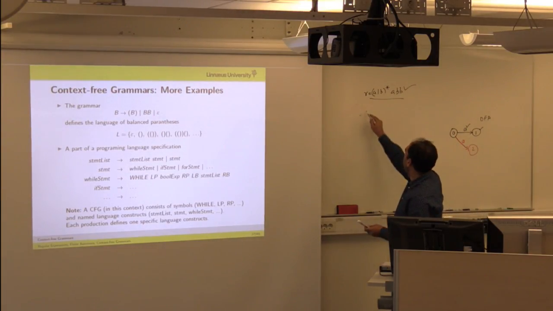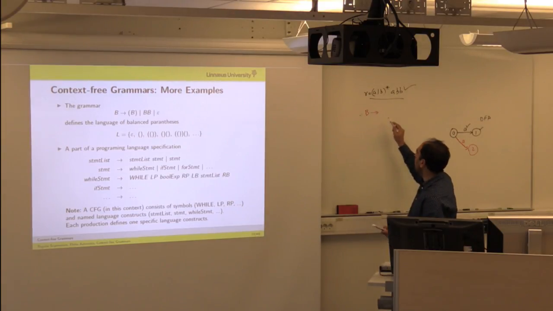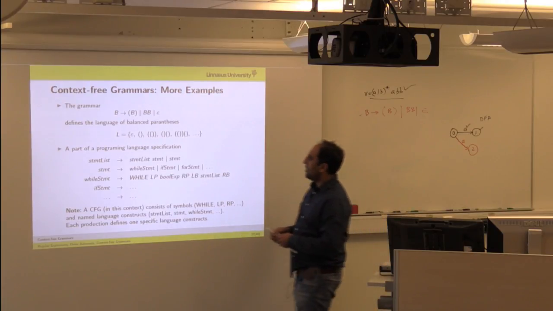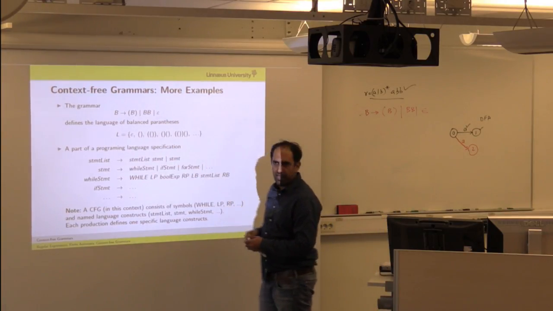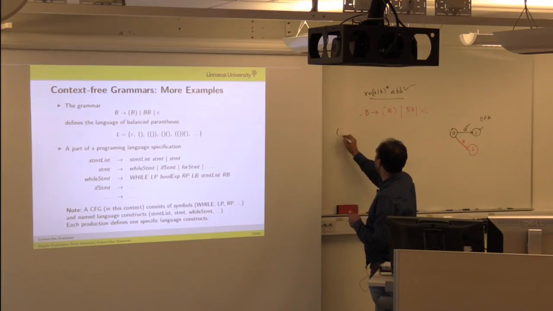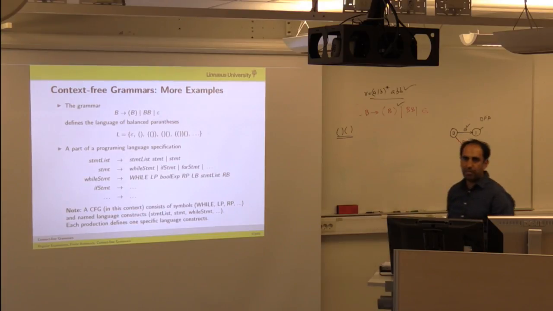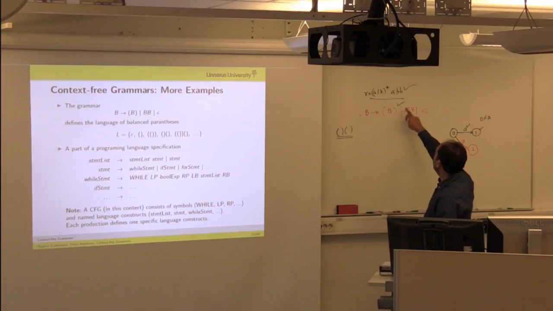So basically we have production rules here, and it says B or BB or empty string. Okay. So let's see if we take this string and see if we can produce this string from this context-free grammar or not. Because these are alternative parts, we can say that this is one part, this is the second part, and this is the third part.